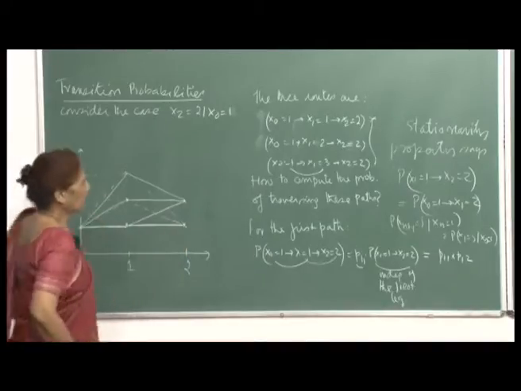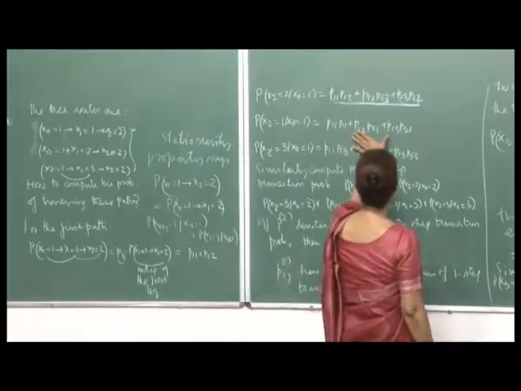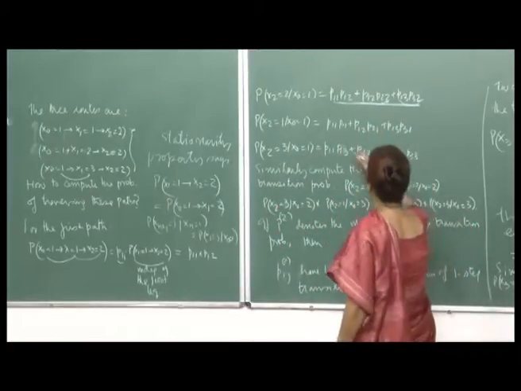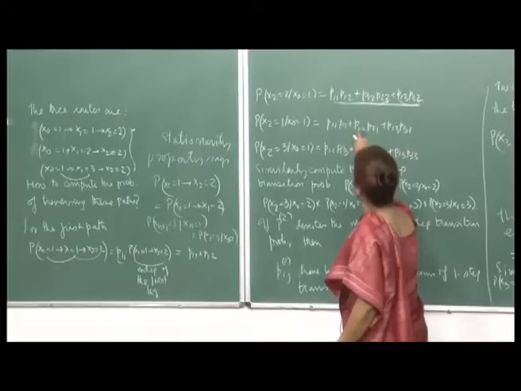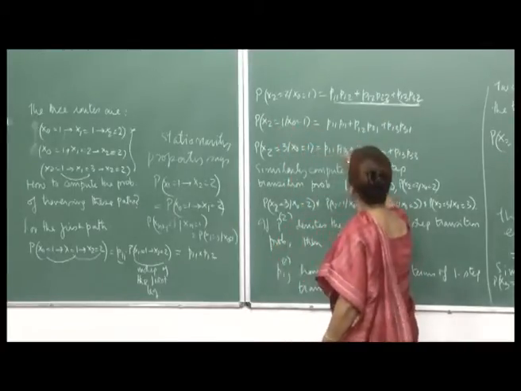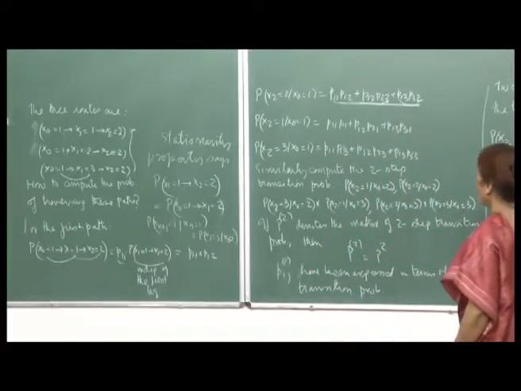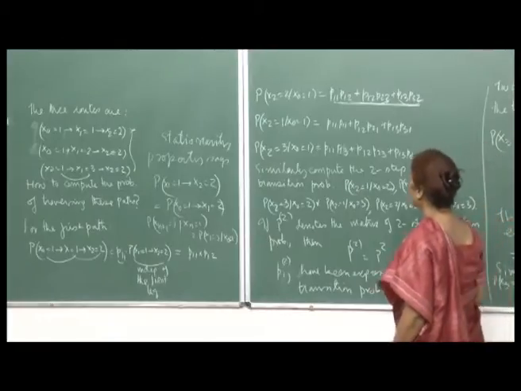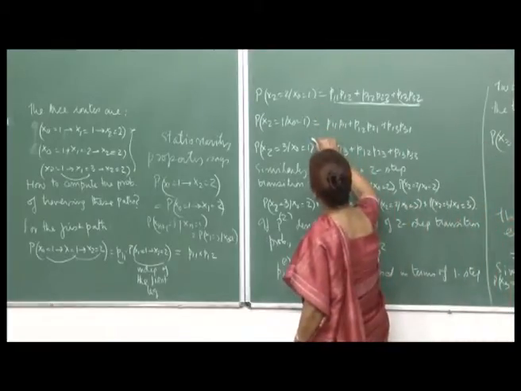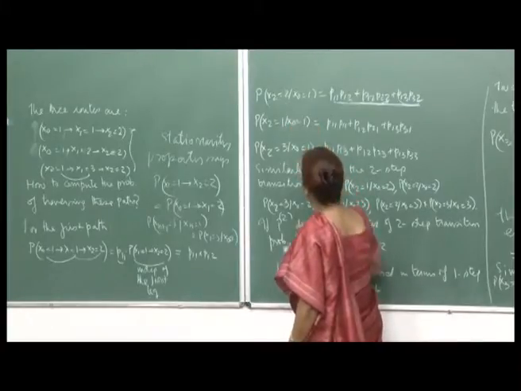So this will be 3 paths, and for each path you write down the probability. This corresponds to the 3 exclusive paths through which you can go from 1 to 1 in 2 steps, and similarly for the others. Now you have computed all the 2 step transition probabilities for when x0 is 1, and then in 2 steps you can be in 1, 2 or 3.